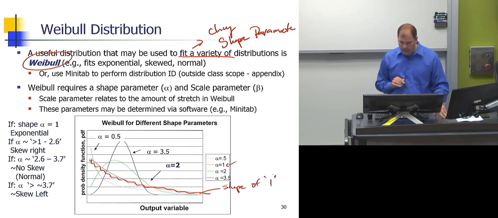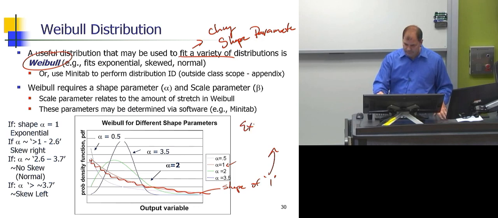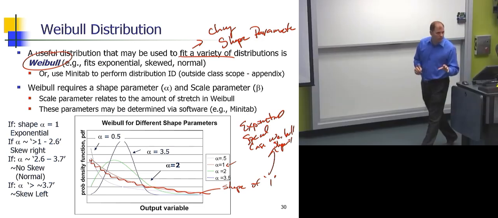What distribution does that look like? Anybody? An exponential distribution is the special case of a Weibull where shape is 1. Exponential is a special case of the Weibull.